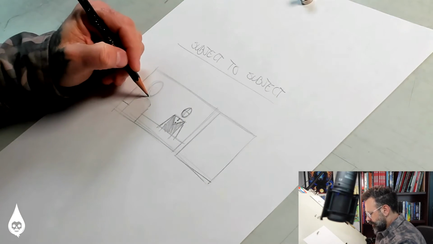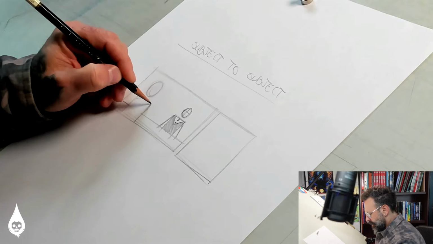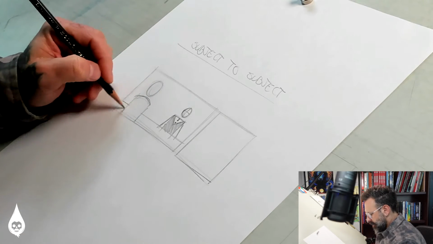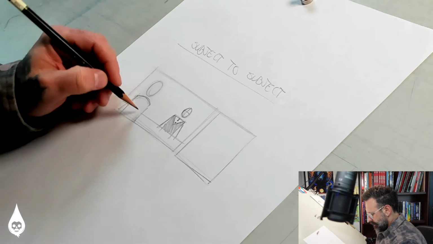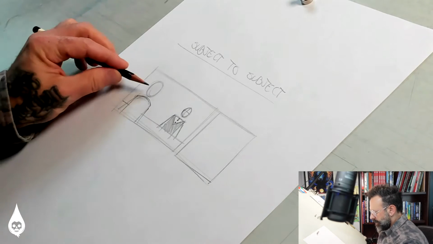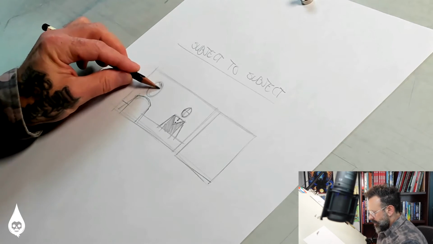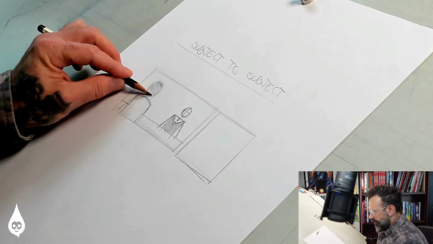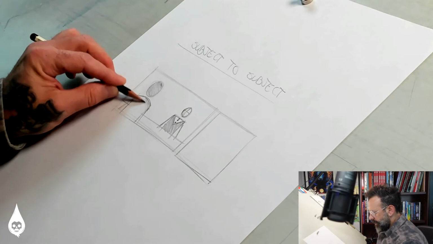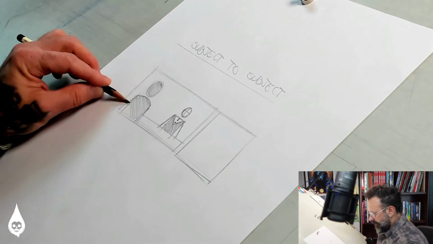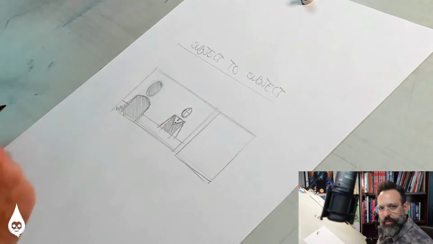Let's say we're doing an over-the-shoulder shot. Character A. So we're going to let the lighting come from the bar, and we will put character A in silhouette, putting the focus on the bartender.